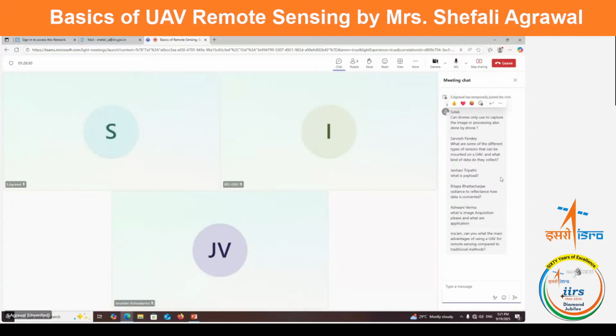The first aspect of my lecture, which I had mentioned, is that the main advantage of using a drone as compared to the other two platforms, which I said, remote aircraft and satellite, is that they provide you 1 centimeter to decimeter level of spatial resolution. You can fly as and when you want. They provide very, very high resolution data sets.